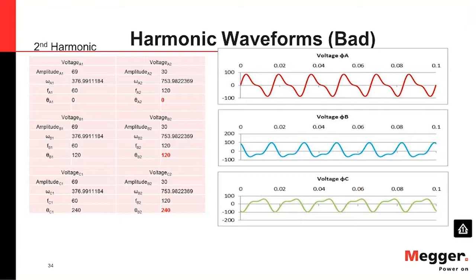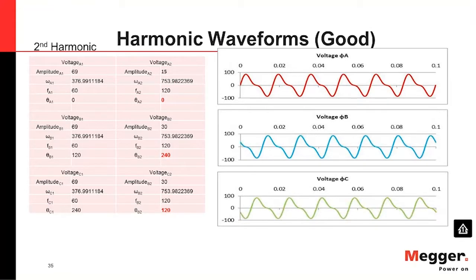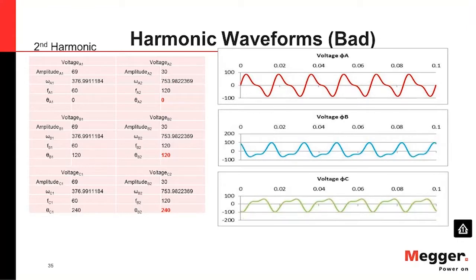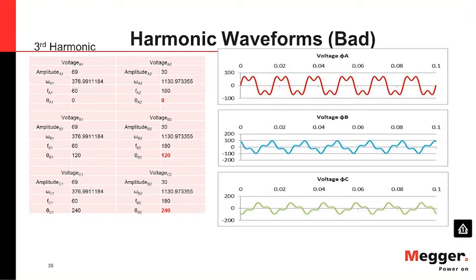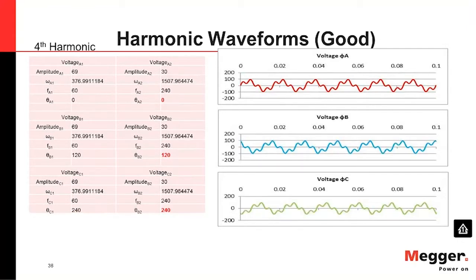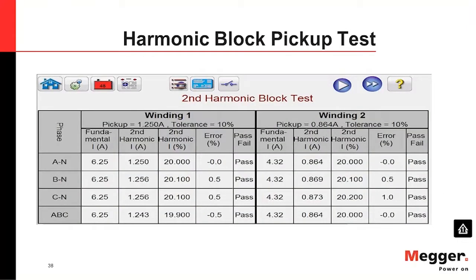Now if you see that phase A is showing good, but phase B and C showing a bad harmonic, that's because of wrong setting. Now if we change it, the harmonic waveform, that's what we'll have here. That's the difference between both harmonics, you see, both phase B and C. Now it's the same thing that you can do for the third harmonic and other harmonics. Those are only examples about how to view them.